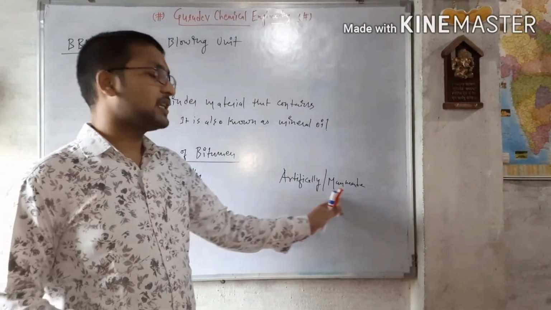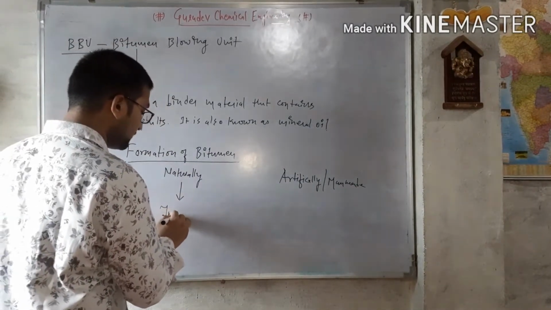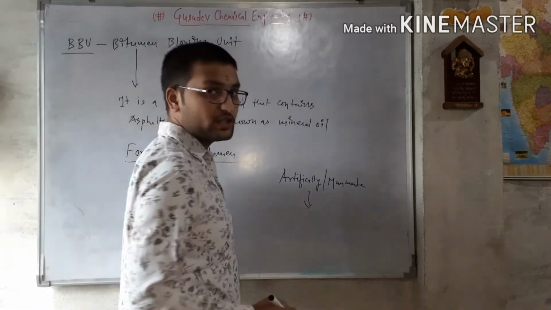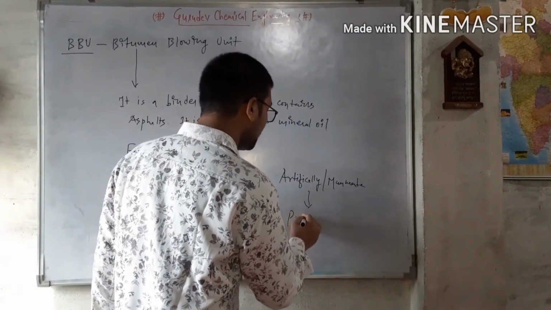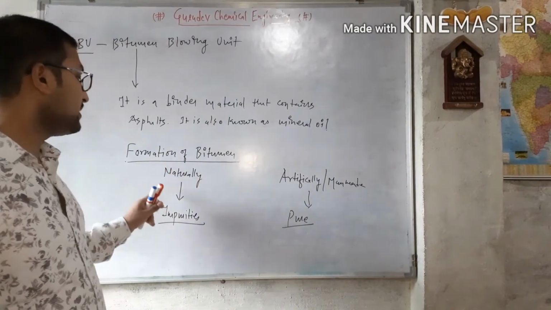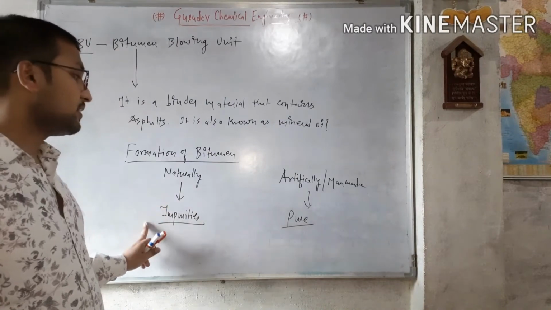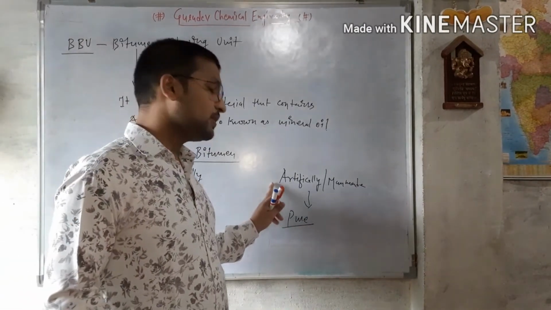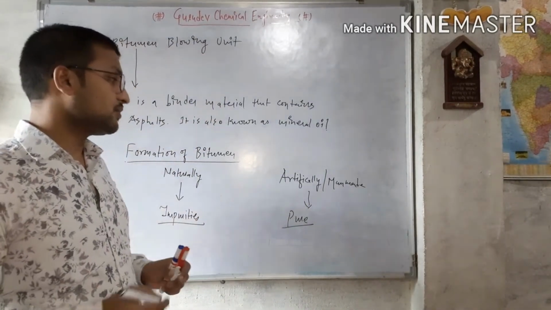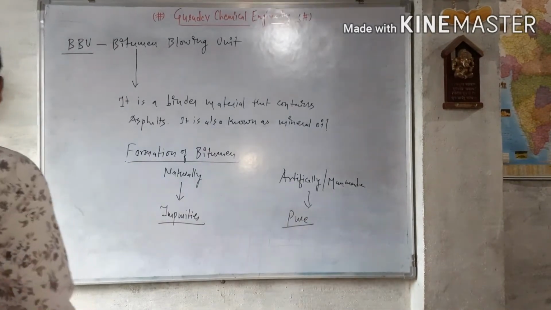Natural bitumen contains a lot of impurities, and man-made or artificial bitumen is pure bitumen because we remove the impurities during the process. So this is the formation of bitumen.